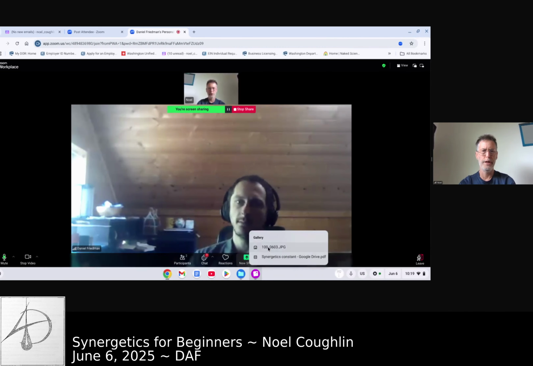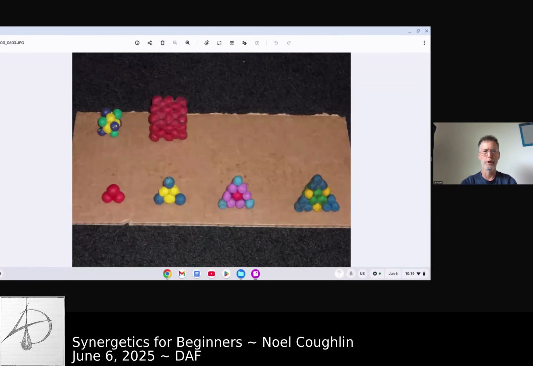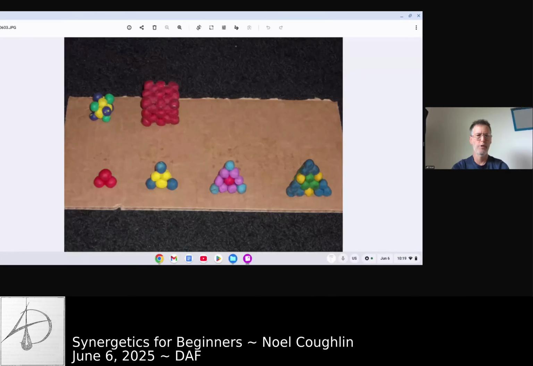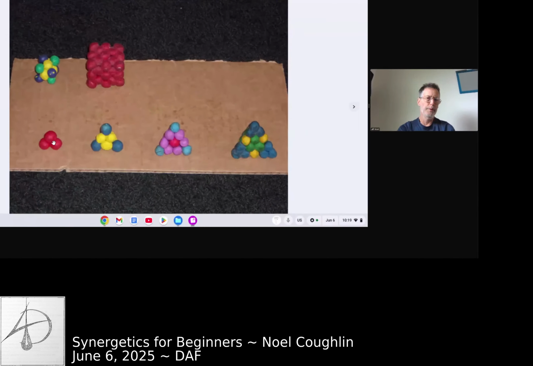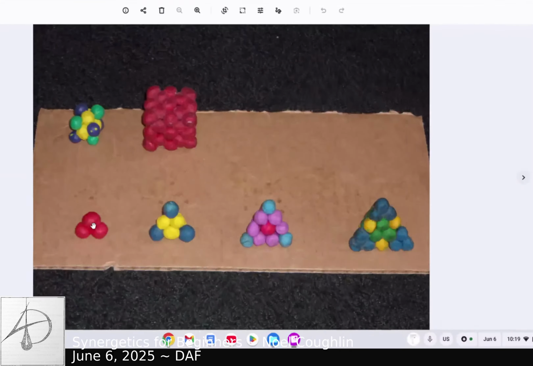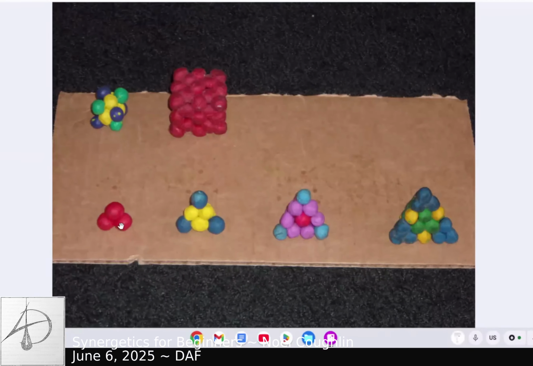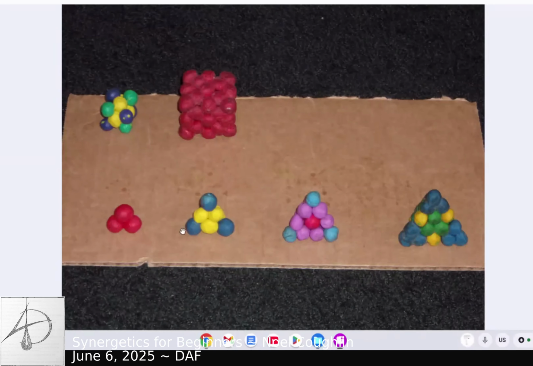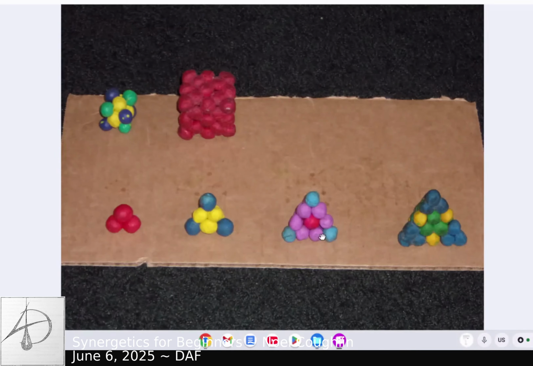Here's a picture showing what happens when we closest pack spheres. When we put one sphere next to 2 spheres, it creates this little triangle. When we put that next to 3 spheres, it creates a bigger triangle. And when we put it next to 4 spheres, it creates a bigger triangle, just like filling balls inside of a rack on top of a pool table.